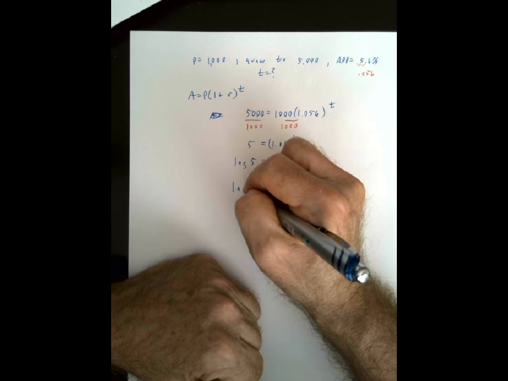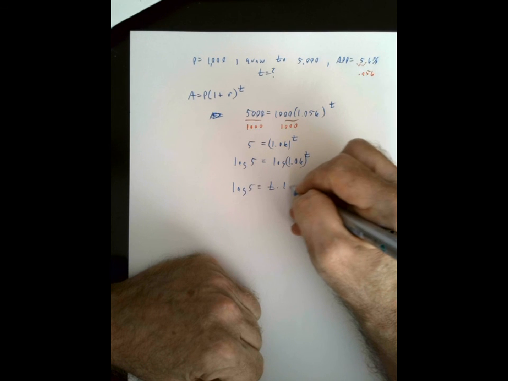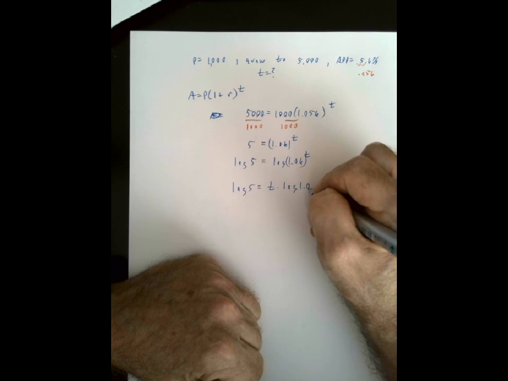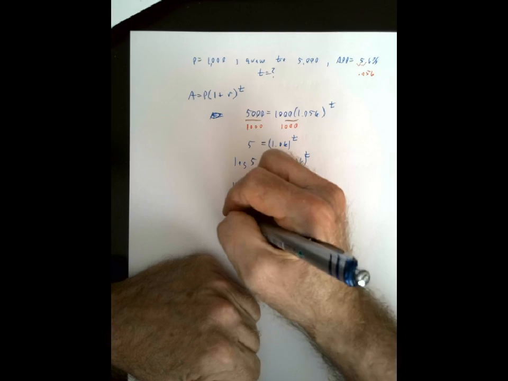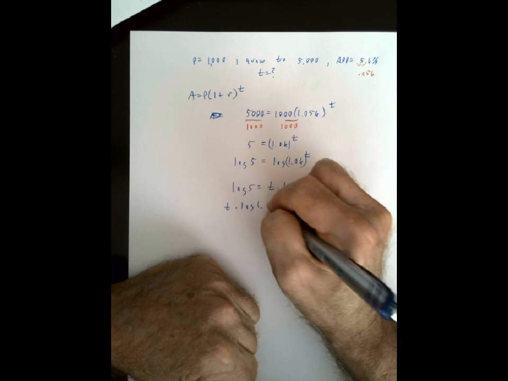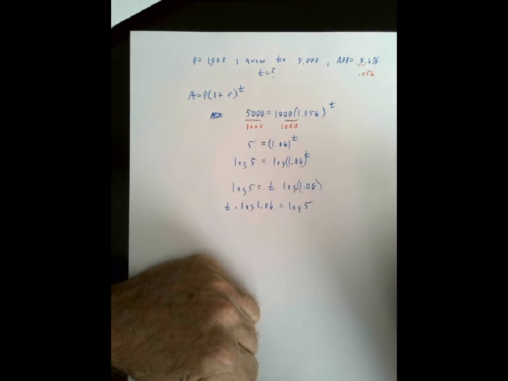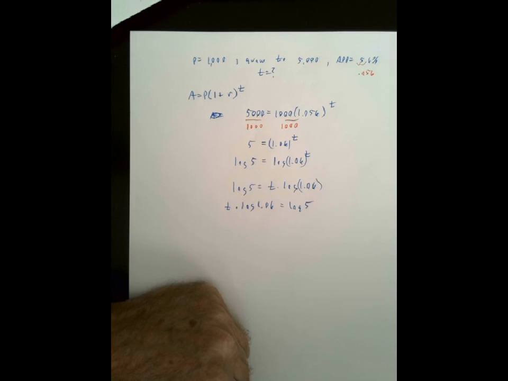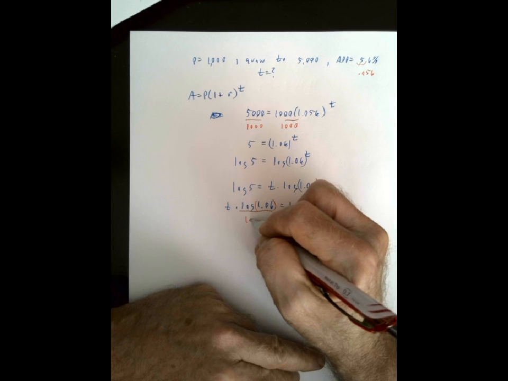So log 5 is equal to t times log 1.06. So that's t times log 1.06 is equal to log 5. So we divide both sides, as you can see here, by whatever log 1.06 is.